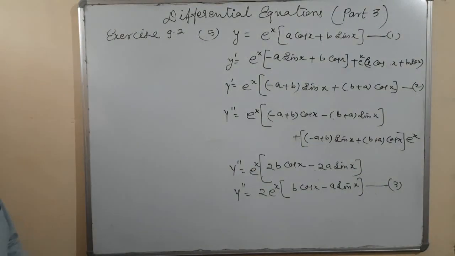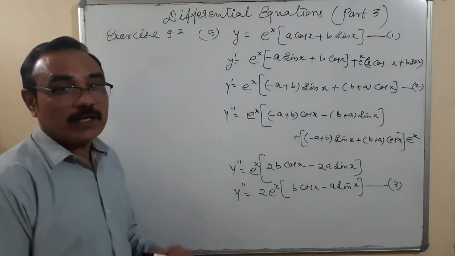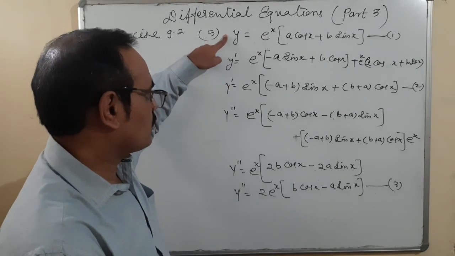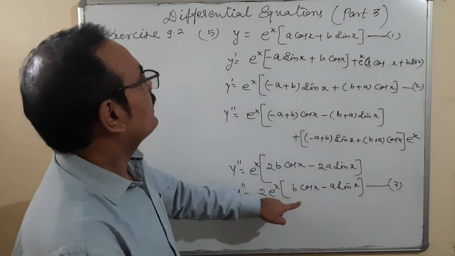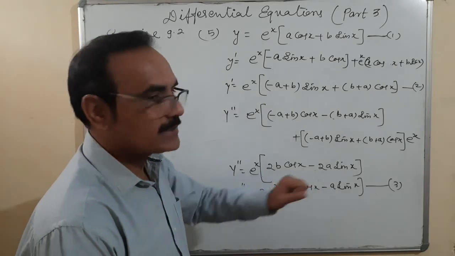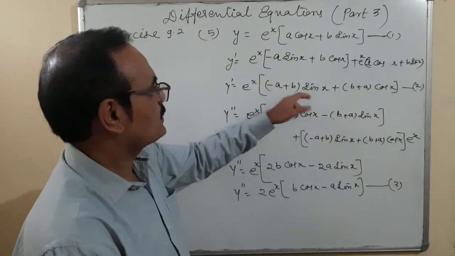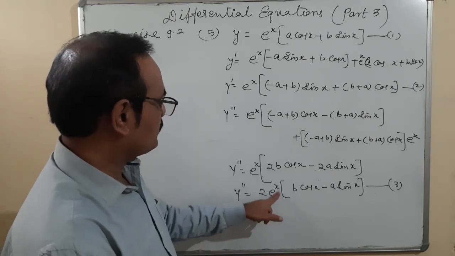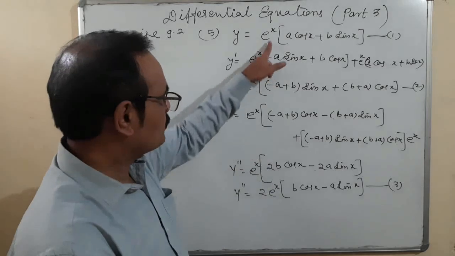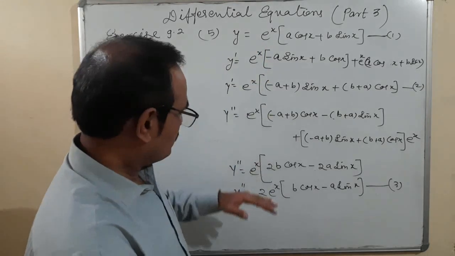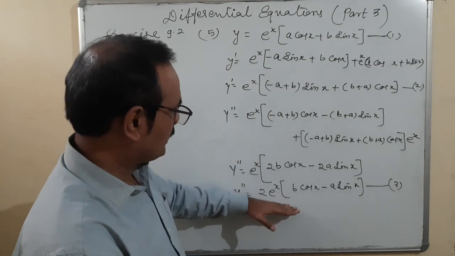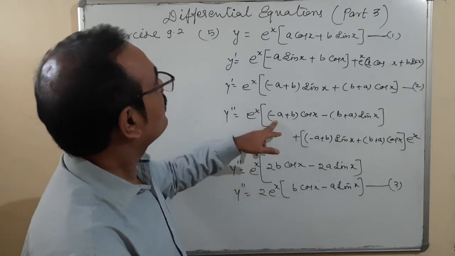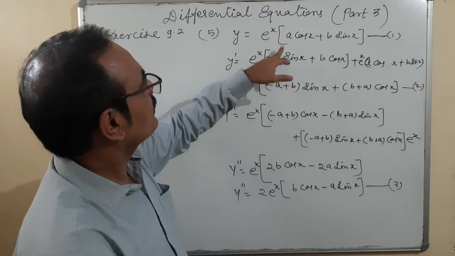Okay. Now let us see equation number 1, 2 and 3. How to eliminate a and b. Equation number 1: y equals e to the power x, a cos x plus b sin x. Equation number 2: y dash equals e to the power x, b cos x minus a sin x. So may I do one thing, equation number 3 has b and minus a.